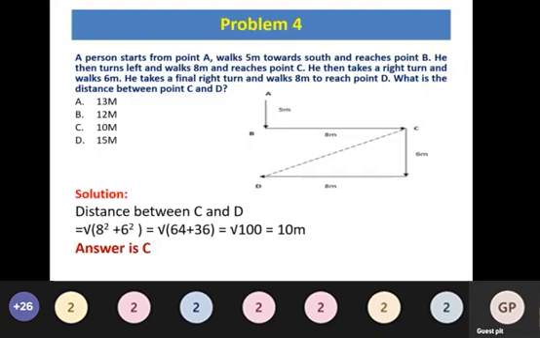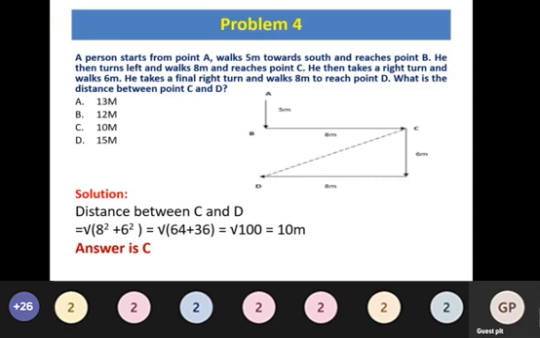So once again, a person starts from a point A, walks 5 meters towards south and reaches point B. He then turns left and walks 8 meters to reach point C. He then takes a right turn and walks 6 meters. He takes a final right turn and walks 8 meters to reach point D. What is the distance between point C and D?